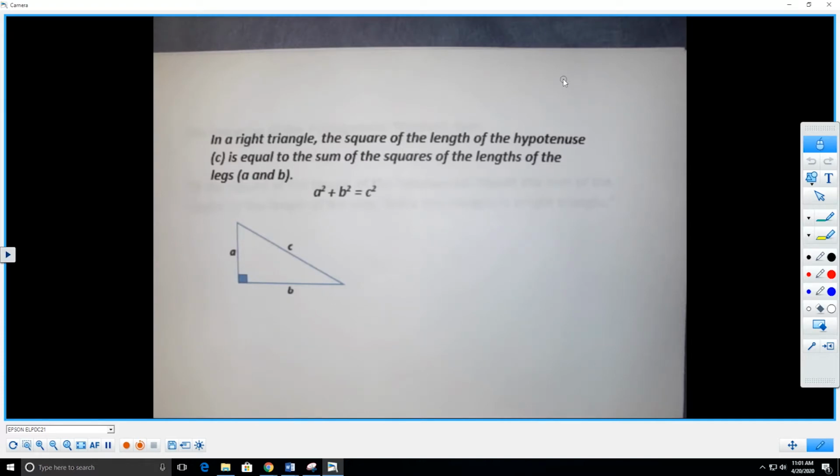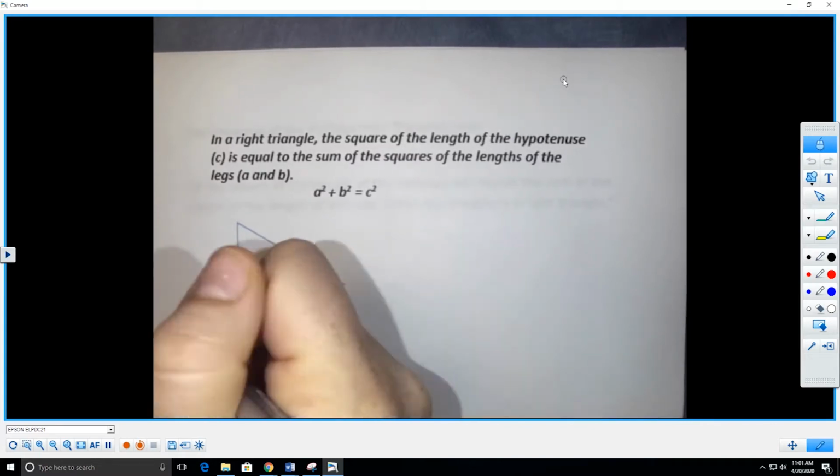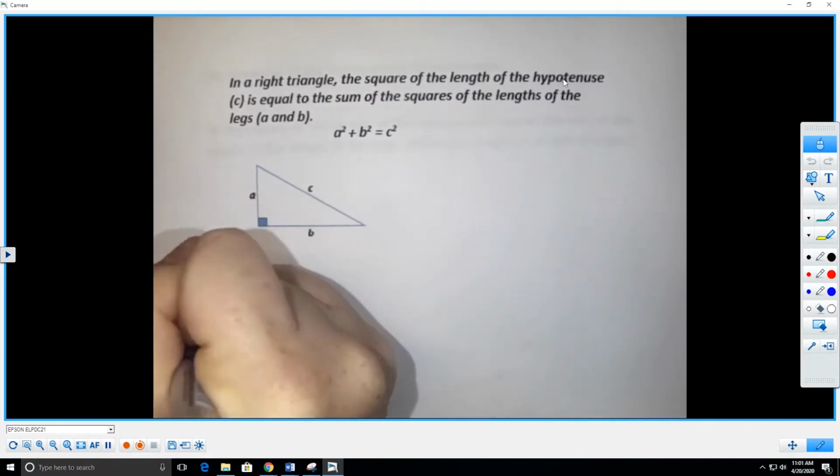Write this definition down as I read it aloud to you, and I'm going to write it down with you. So a Pythagorean triple, let's write it underneath this.